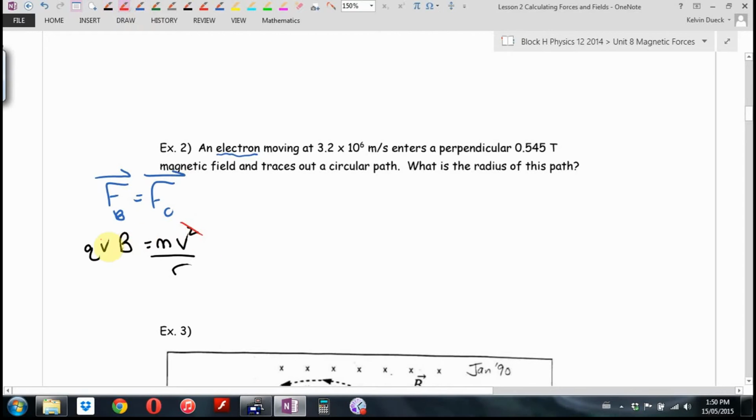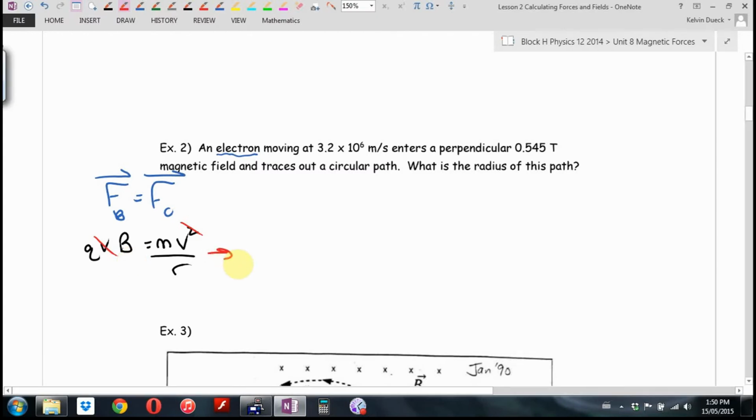Riley, what's this question wanting me to find? Can I show you the most common dumb mistake that kids make? Don't write this down. I like this question. But every year, I see this.